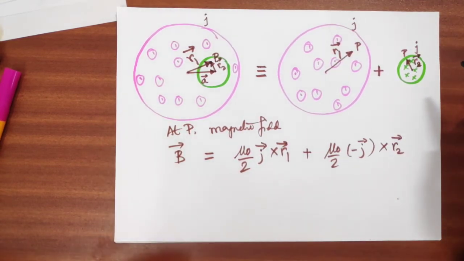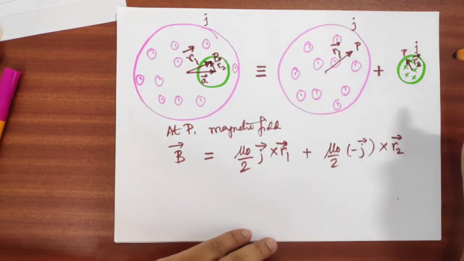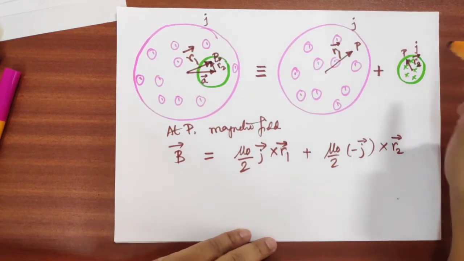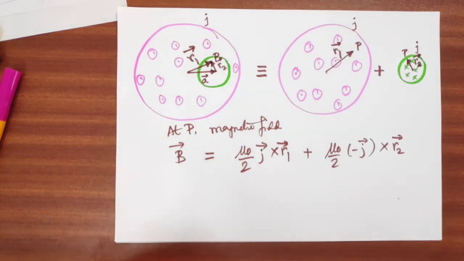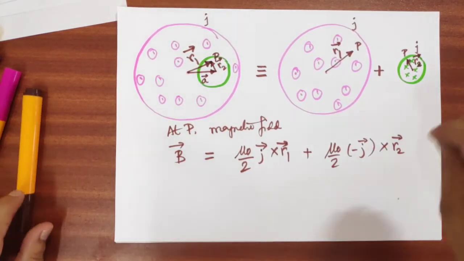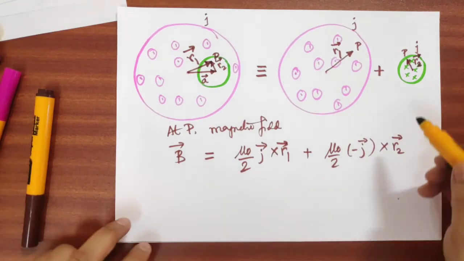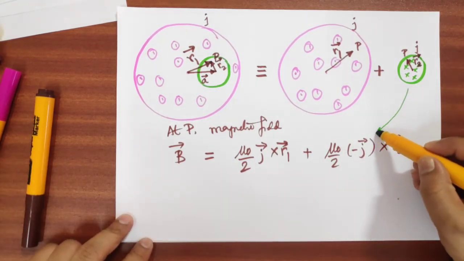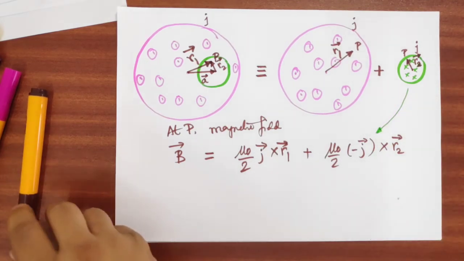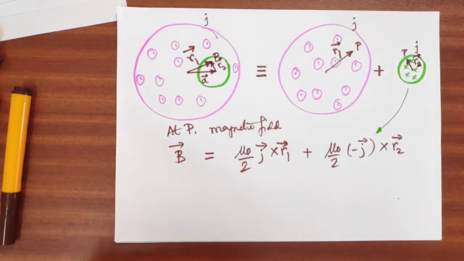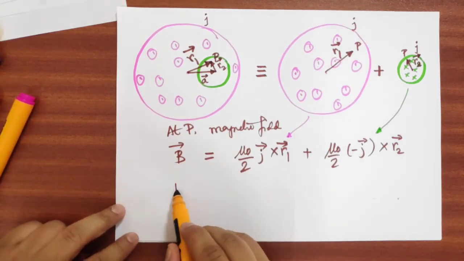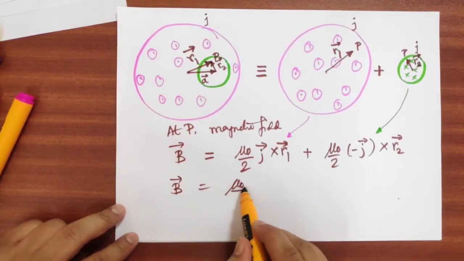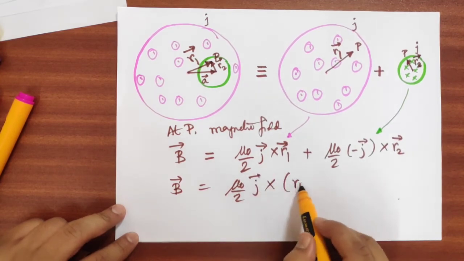Why minus J? Because the current in the place of the cavity is flowing in the opposite direction, into the plane of the paper. So this is the term for this one, and this is the term for that one. Finally, B is equal to mu naught by 2, J cross (R1 minus R2).